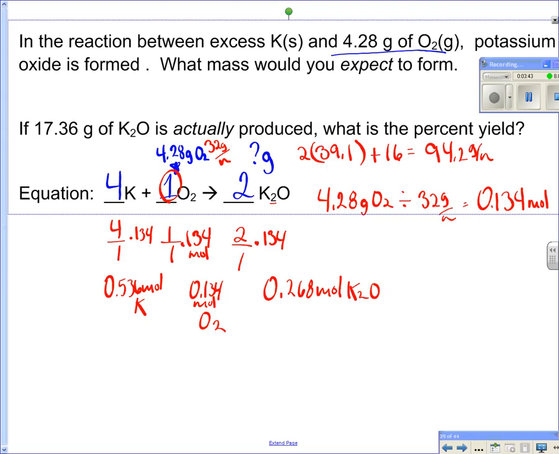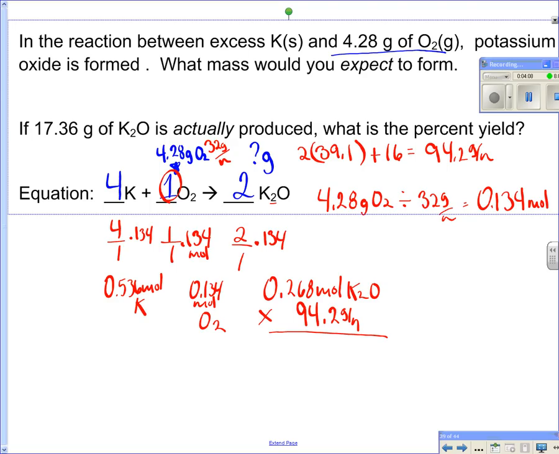Now, that's not what I need, though. If you look on top of the K2O, I have grams. So we're just going to pop back on the mole wheel. We know that 1 mole has a mass of 94.2, so how many grams are in only 0.268 moles? I'm going to multiply that by the molar mass, which is going to give me the value that I'm looking for.